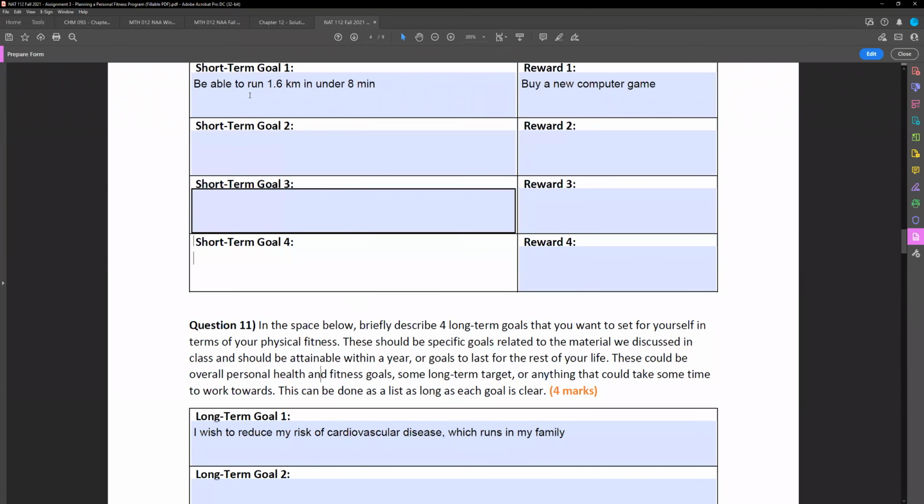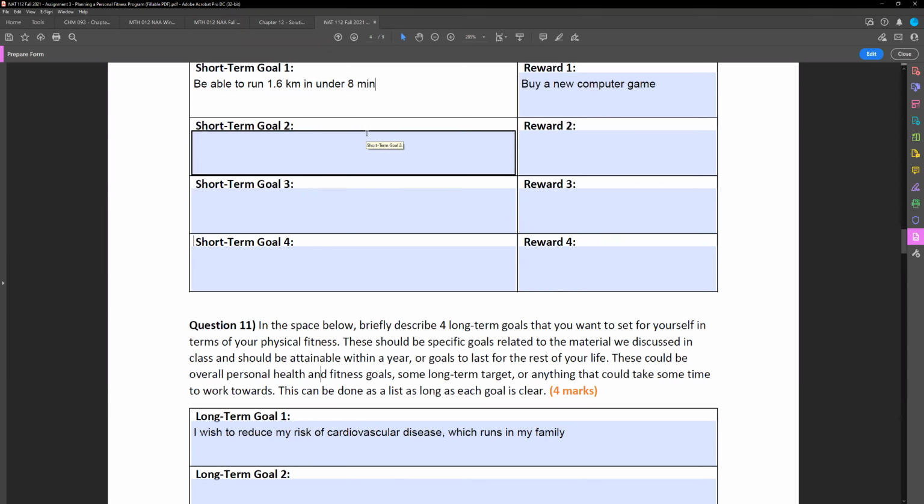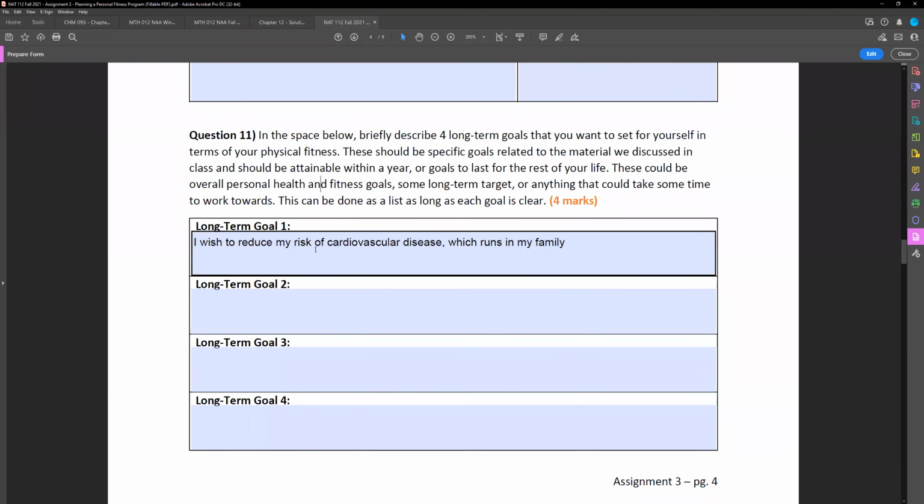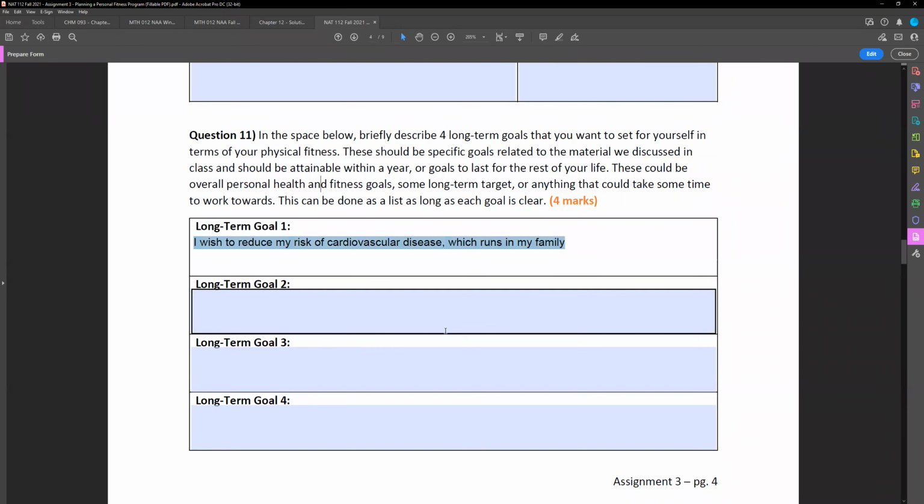For instance, I wrote being able to run 1.6 kilometers in under 8 minutes. This is a cardiorespiratory endurance thing. It's also a muscular strength and endurance thing as well. And it's also going to improve my body composition. My long-term goal is to reduce the risk of cardiovascular disease, and exercises that improve my cardiorespiratory endurance, exercises that improve my body composition, those will help reduce my risk.